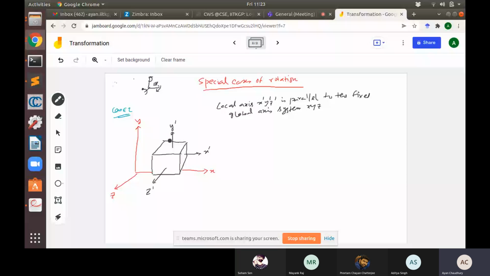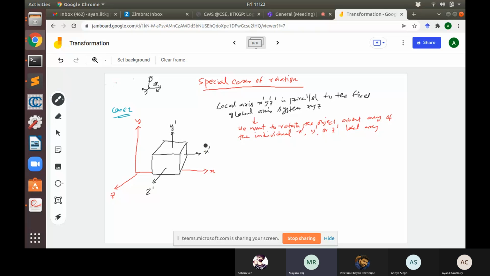From here we want to rotate the object about, let's say, any of the individual x prime, y prime or z prime local axes. So how do we solve this problem?